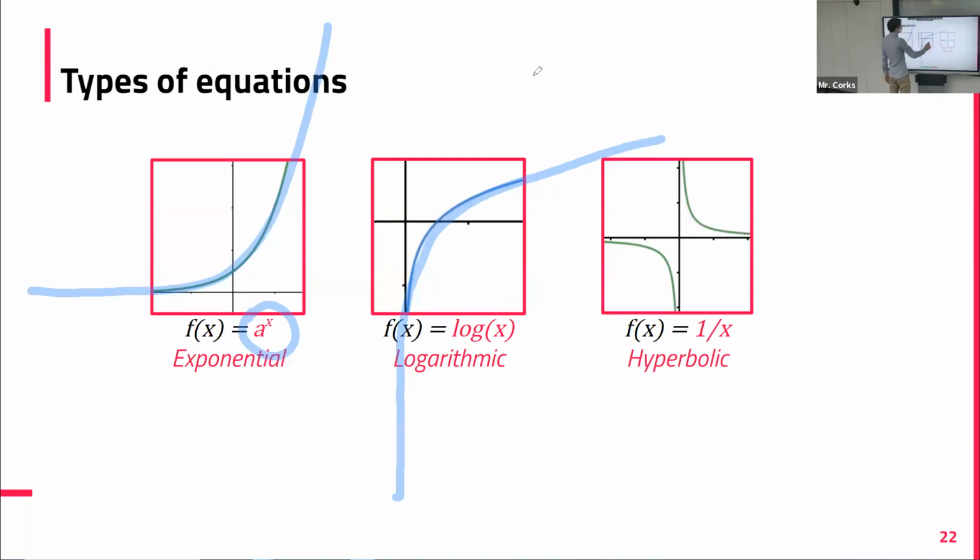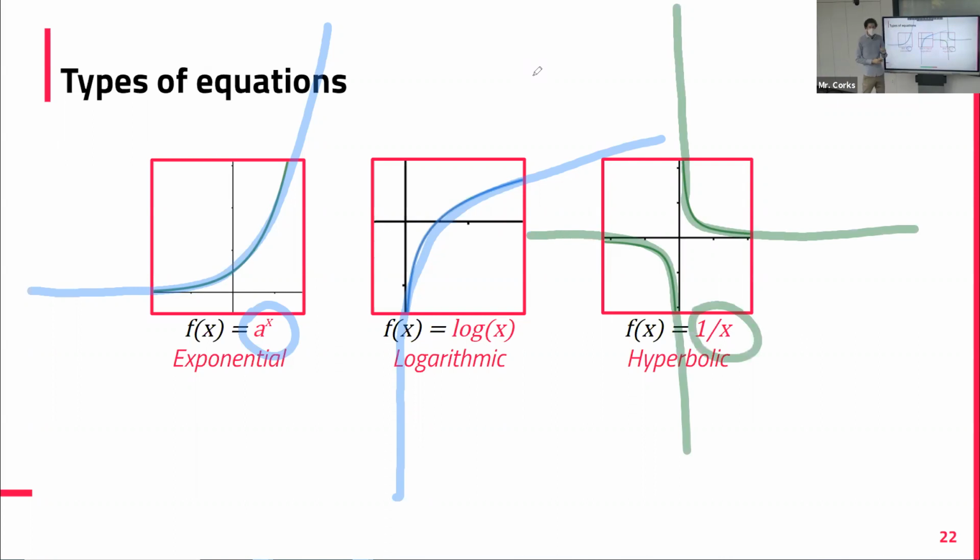And then there's also hyperbolic, which look a little weird, but they end up having a bunch of applications, where the graph would just get very, very close to the axes, but never touch them. These happen when we have 1 over the variable, so 1 over x or 1 over x squared or 5 over x or something like that. Those give us those hyperbolic patterns. We're not really going to talk about these, but good to know that these exist.